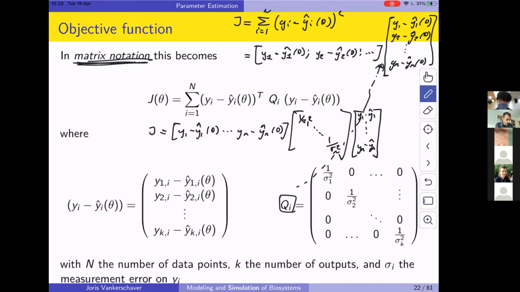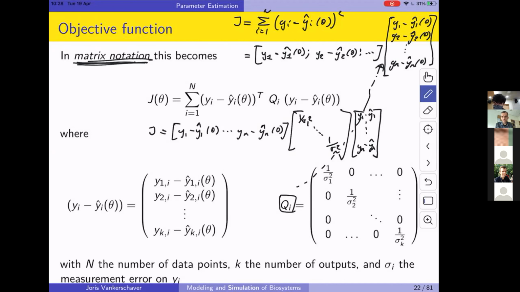Now if you multiply this matrix by this column, it'll multiply each element in the column vector by 1 over sigma i squared. And then if you multiply that whole thing by the row vector, you'll end up with, again, a sum of squares, but where every term in the sum is weighted by 1 over sigma i squared.